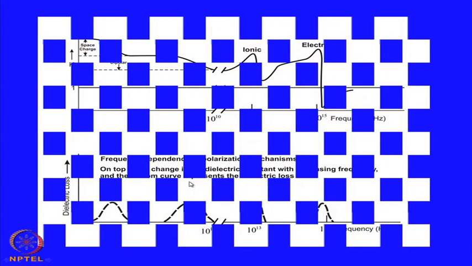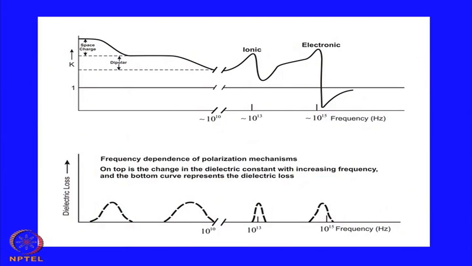In association with that phenomenon, there is another phenomenon that also takes place, which is given in this picture. This is also the same picture, although it has been drawn in a slightly different way. It is not the exact manner in which the other one was drawn, but basically it also represents the same thing.